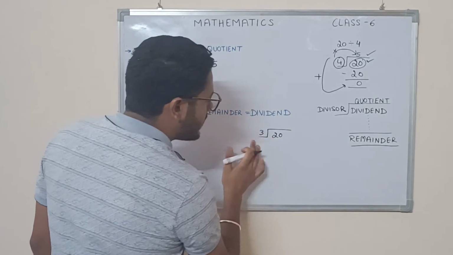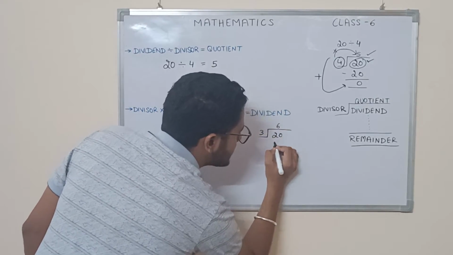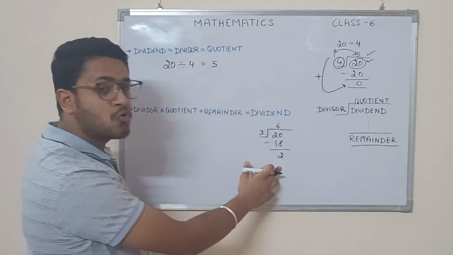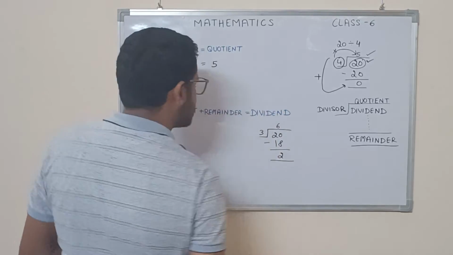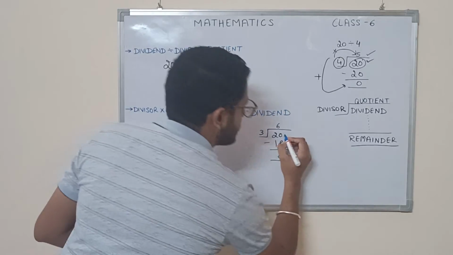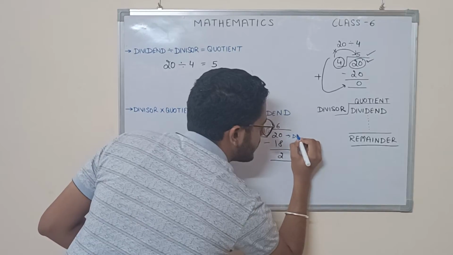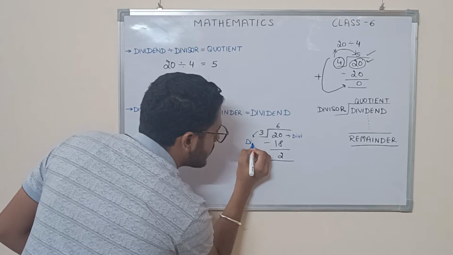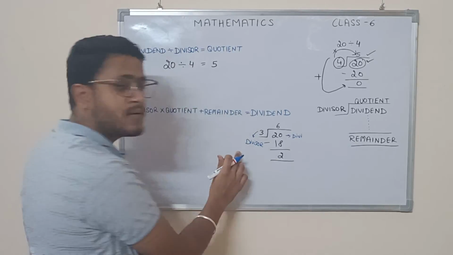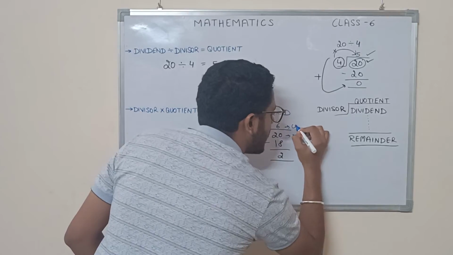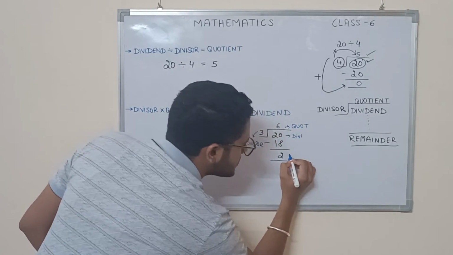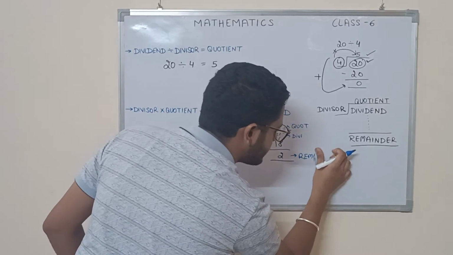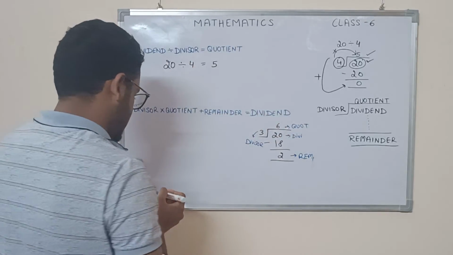So 20 divided by 3 will be 3 6s are 18, and when we subtract these values we get the remainder 2. So in this example, this is the dividend, this is the divisor, this is our quotient and this is the remainder.